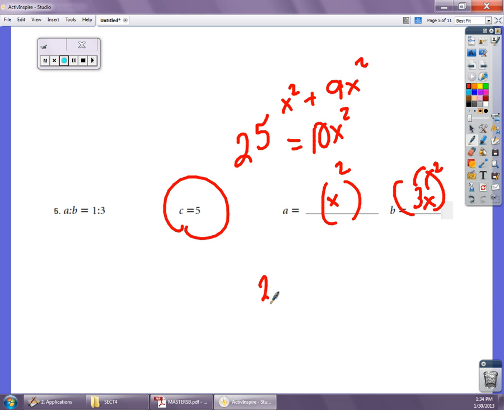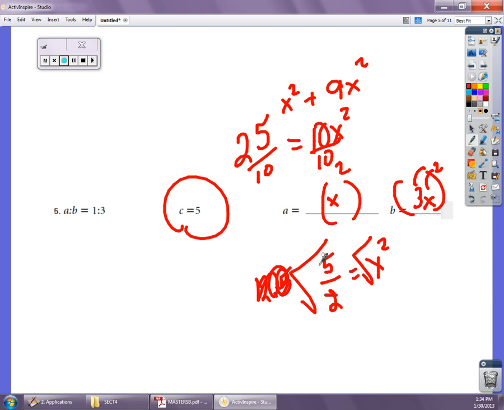There's nothing technically wrong with leaving it at 2.5, but to get a nicer answer in simplest form, it's better if we leave it as a fraction. So I divide both sides by 10. You could actually reduce 25 over 10, divide both of them by 5, and you end up with 5 halves equals x squared. So now if I square root both sides, you end up with root 5 over root 2.